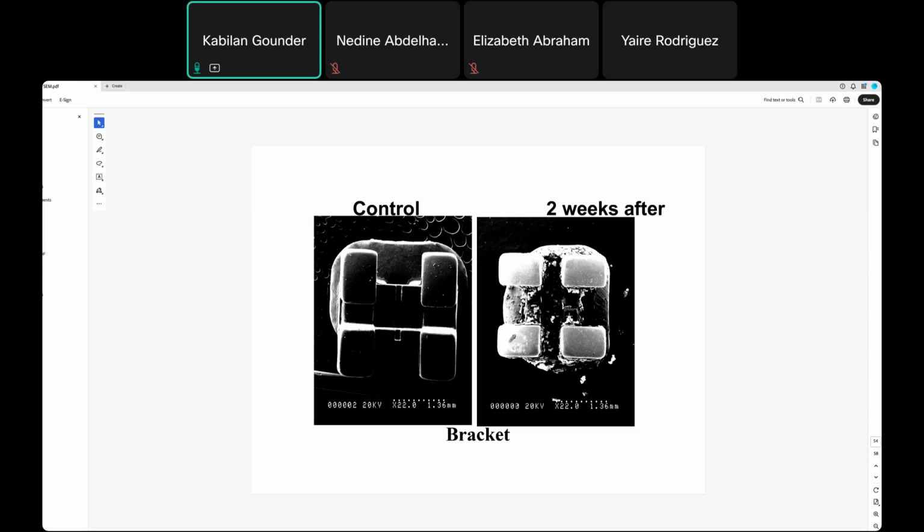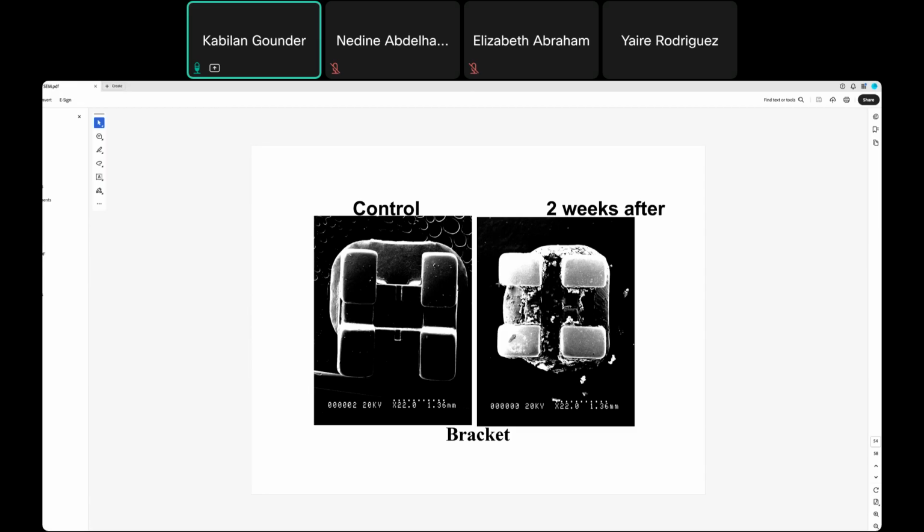But if you are looking for the biofilm, then you need to fix the samples with osmium tetroxide or glutaraldehyde, dehydrate, then critical point drying, and then coat the samples and take the pictures.